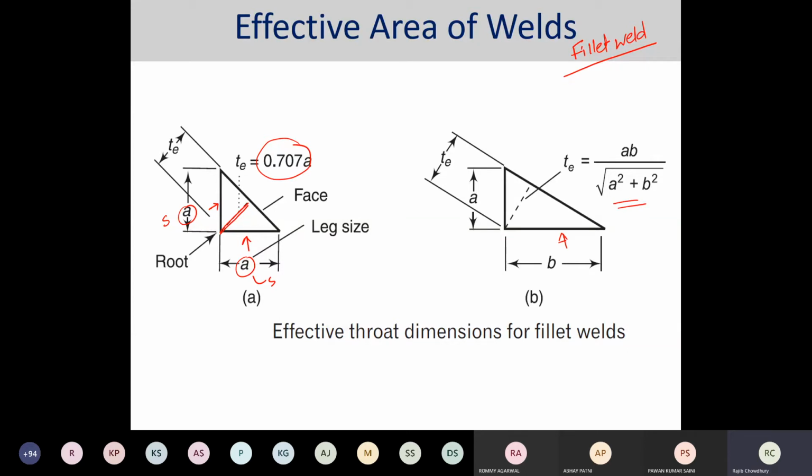Effective throat thickness of a fillet weld in any context should not be less than 3 mm or greater than 0.7 times S. And it can go up to 1.0 times S under very special circumstances.